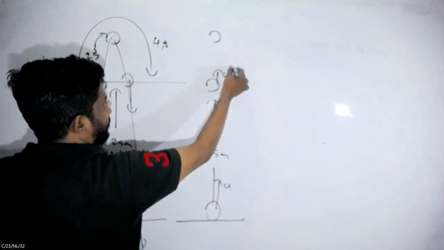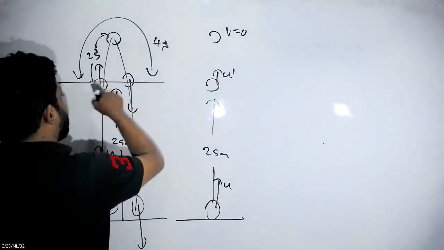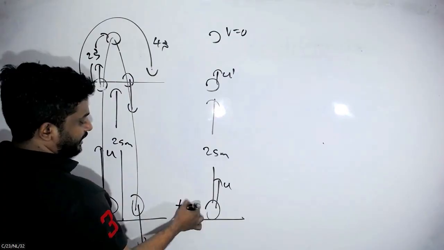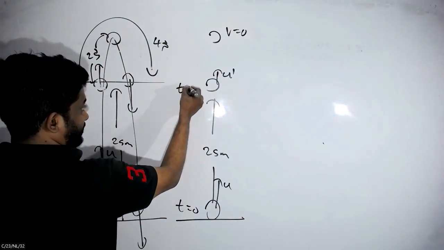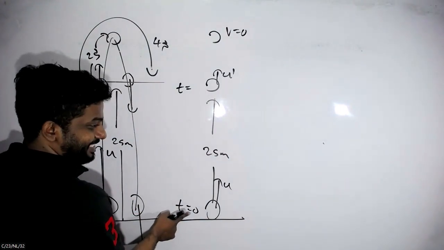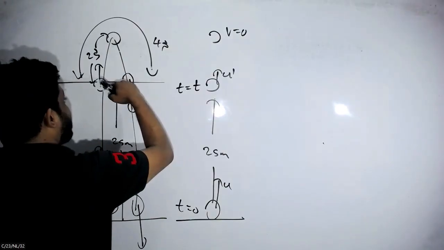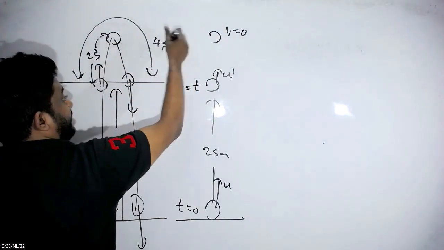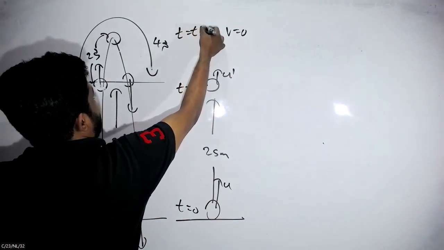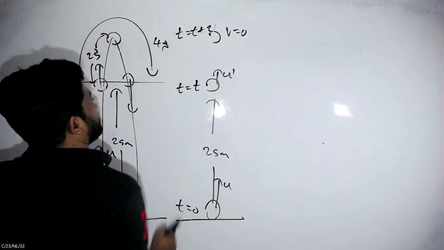Here the velocity is u dash at the 25 meter height, and at the maximum height the velocity is v0. Initial time interval is 0 at 25 meter height. Time interval is t. Then it reaches up to maximum height during another 2 seconds. Then the time interval is t plus 2 seconds. Got it? Let's write t plus 2.